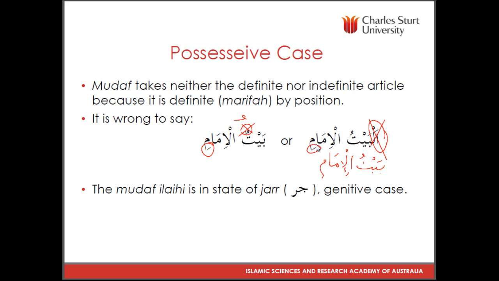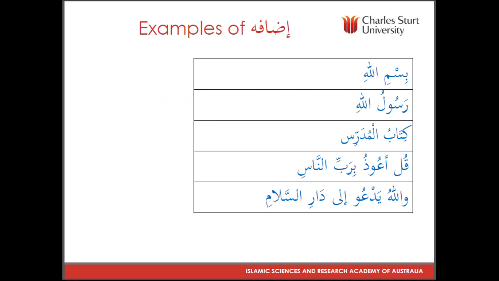We learned that last week. Remember, what is B? Harful jar. Because it is a preposition, harful jar, because of B the ending. Harful jar is also in the genitive case.